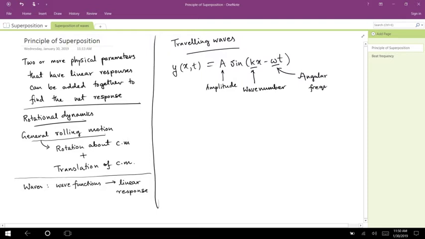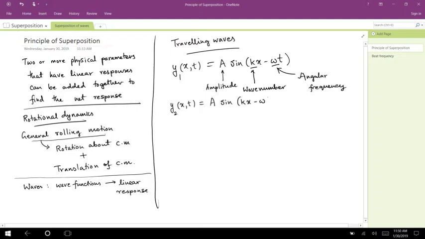Okay, so this is one wave. Now I want to talk about the interference of this with another wave. Let's call this first wave y1. The second one is going to be y2 of x comma t, and that one is A sine kx minus omega t plus delta.